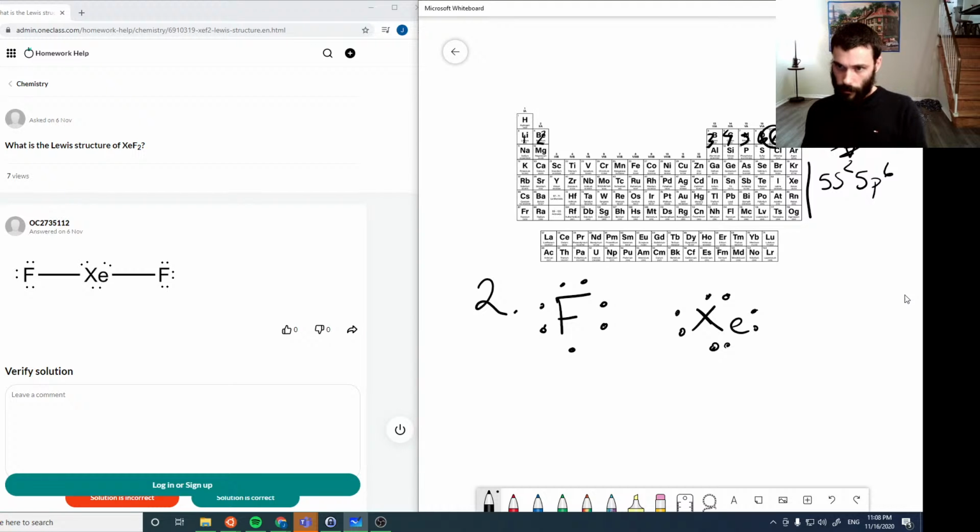Now why I say that things get funny in this block is because as we get higher and higher in our principal quantum number, which is these numbers here, the energy levels get closer and closer together. Now this isn't quite correct, but this is kind of the way that we can visualize it. That means that the valence for xenon could be this, but we could also represent it like this.